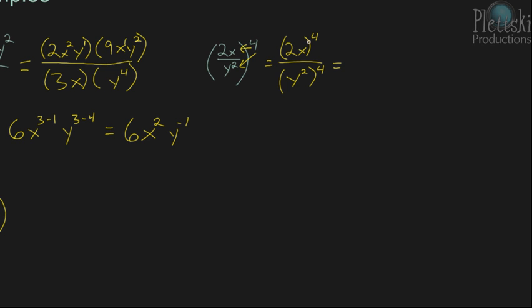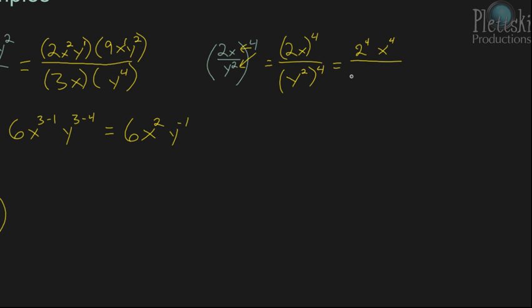And now we can do that again with the numerator, where we'll use the power of a product rule. And the 4 gets applied to the 2 and the x. So we have 2 to the 4th times x to the 4th.